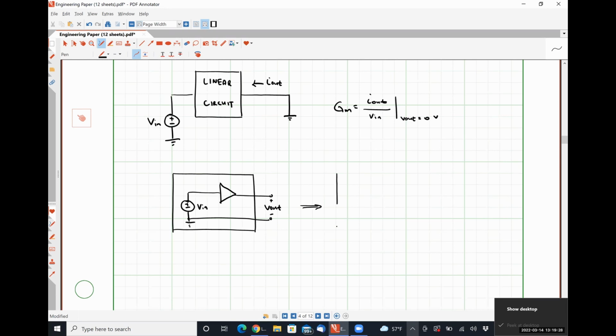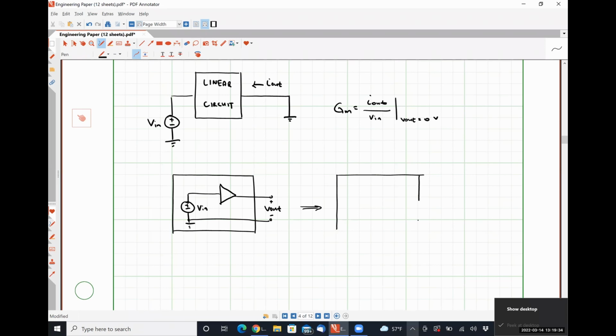So that would be simply this representation, where we have a current Iout in parallel with a resistance Rout, and we generate an output voltage Vout that is equal to negative Iout times Rout.